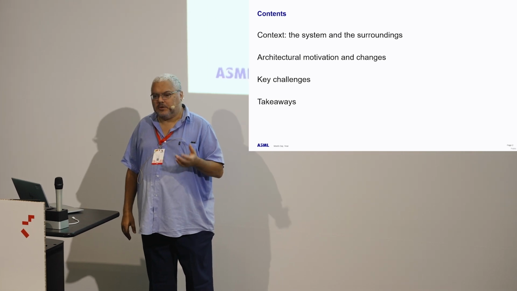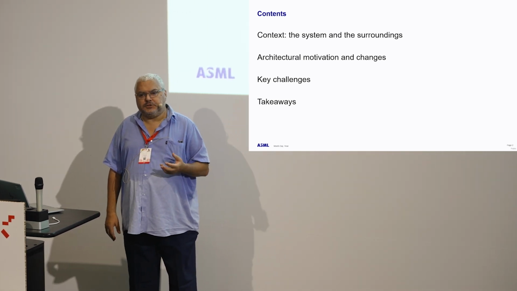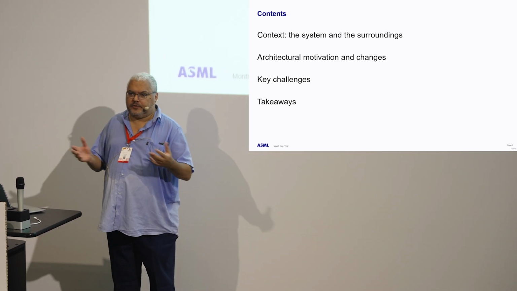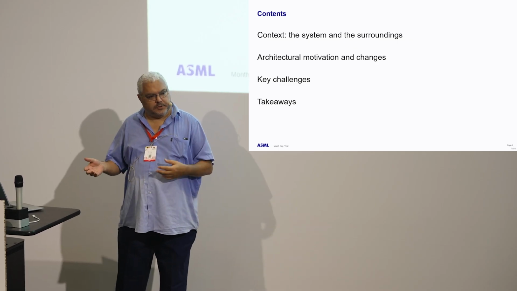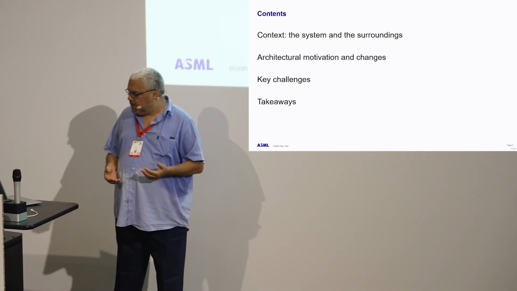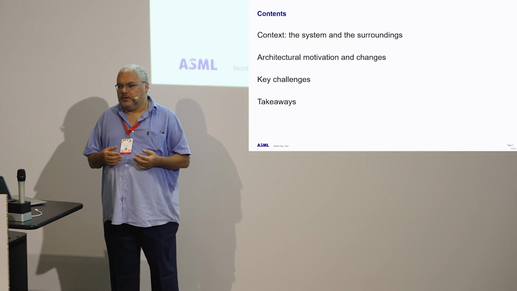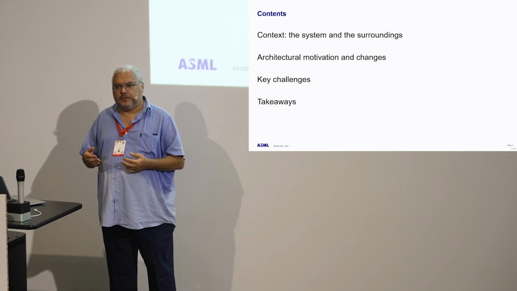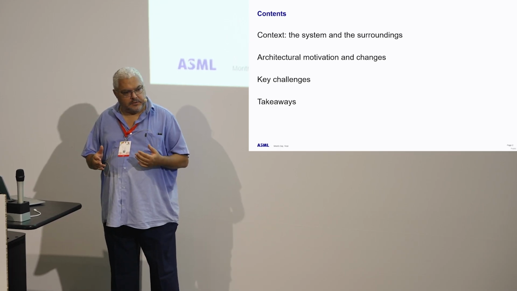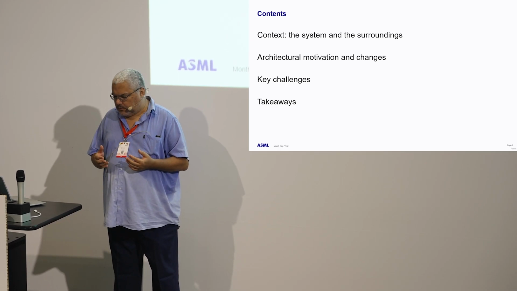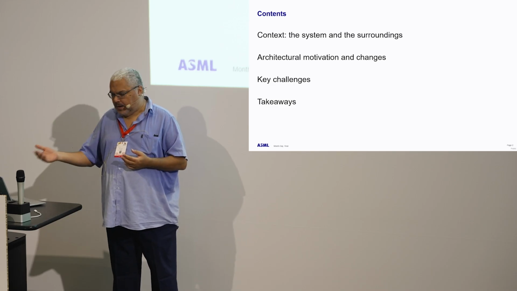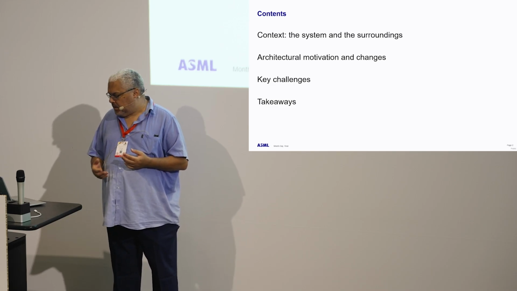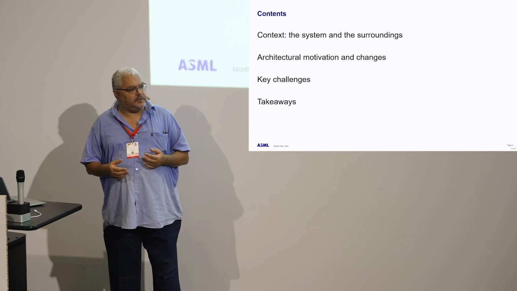Then I'll look a bit at some of the key challenges when we actually tried moving from one architecture to another in the field. And I'll also say a bit there about the sorts of approaches we've taken to get around these challenges. And then I'll finish up with some key takeaways.